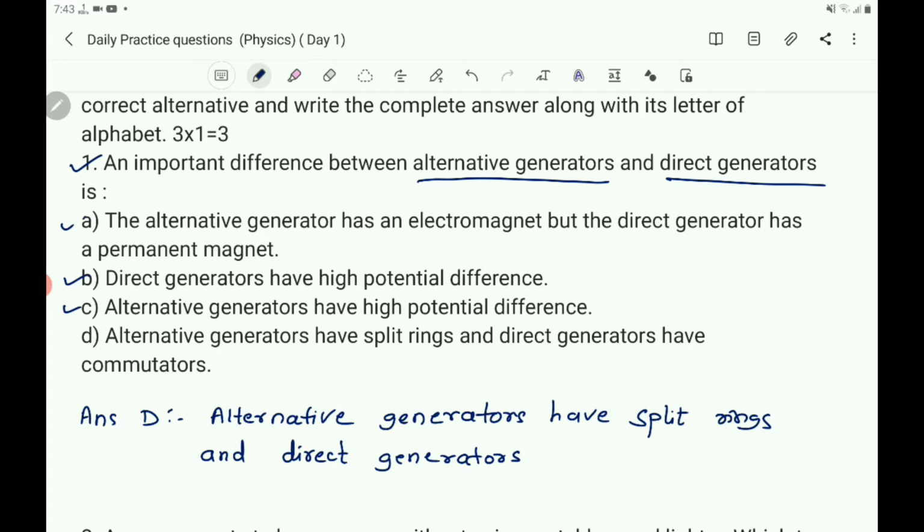That is option D is the answer. So here the suitable answer is D. Next question.